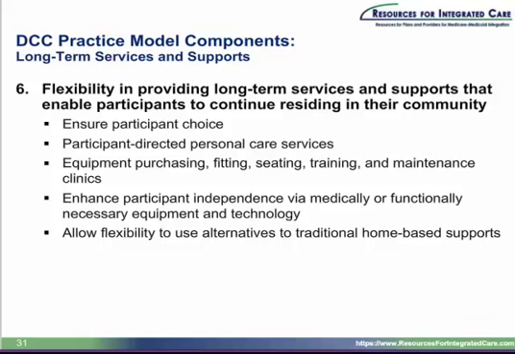The 6th pillar focuses on the provision and integration of long-term services and supports, requiring flexibility and care planning.